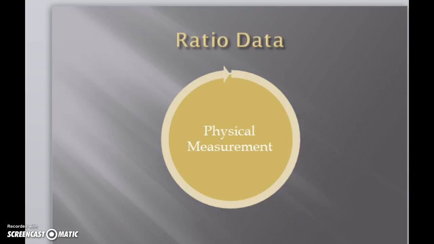Ratio and interval data are the ones that can be seen as most informative, as they're quite similar. However, they're the ones that with data collection are not used as much.